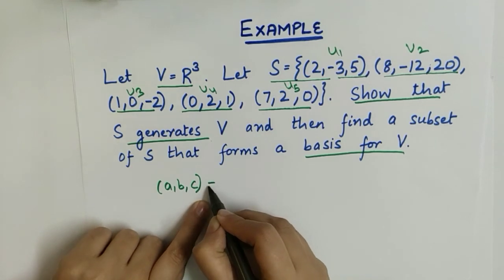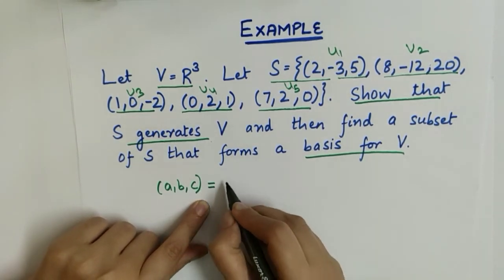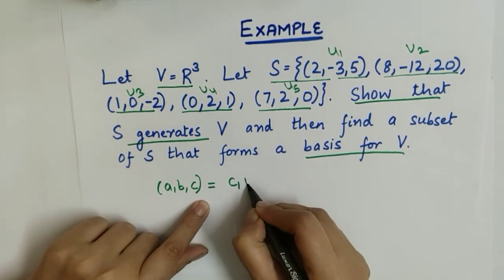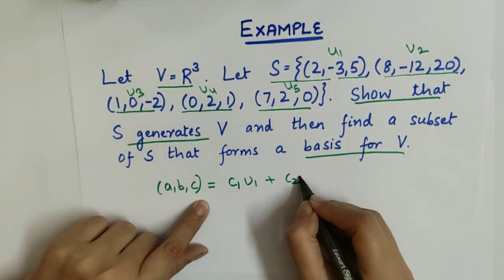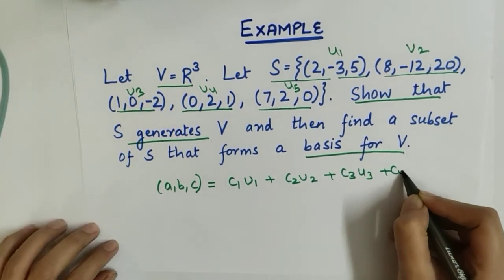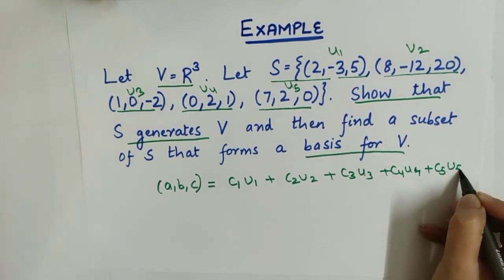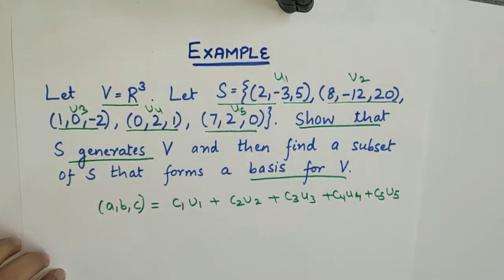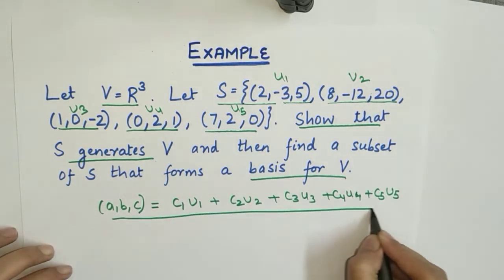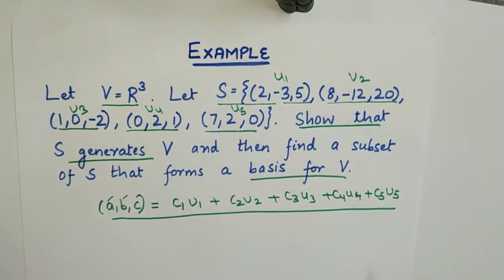So let us assume that there exist scalars C1, C2, C3, C4, C5 such that (A, B, C) can be written as C1U1 plus C2U2 plus C3U3 plus C4U4 plus C5U5. Now this set S would generate V if this system is consistent for every value of A, B and C.